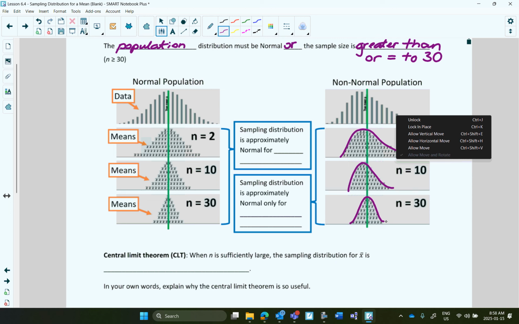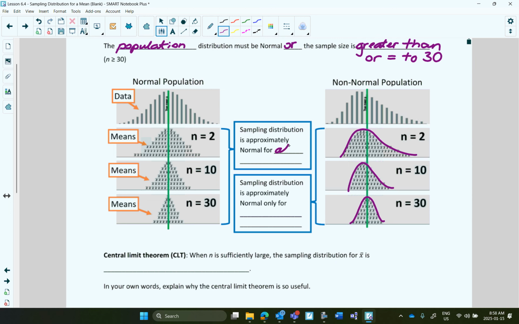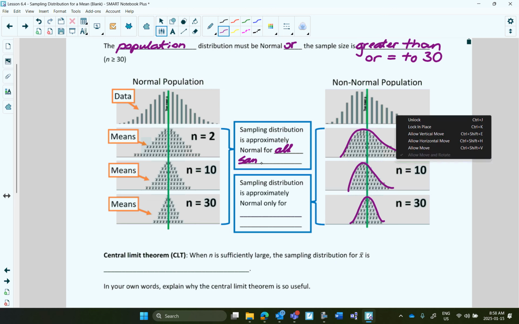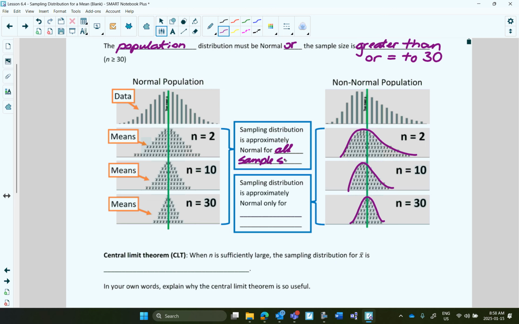So if the original one is normal, it doesn't matter what sample size we take, they're going to be normal. But if the original one is not normal, the sampling distribution will only approach normal for larger sample sizes, as in greater than or equal to 30.